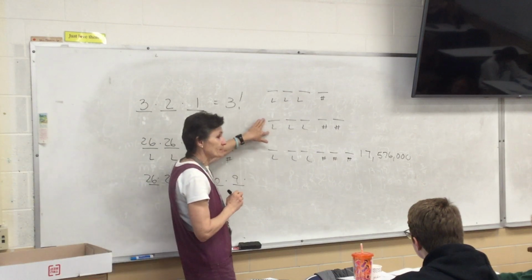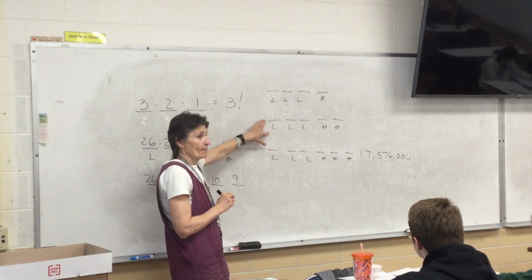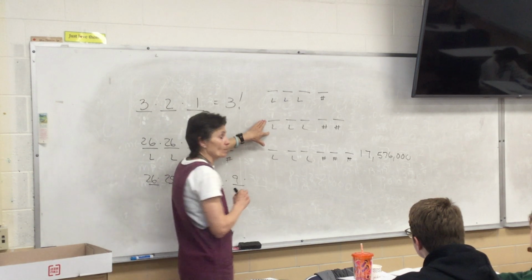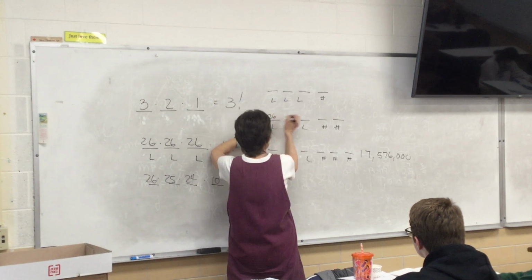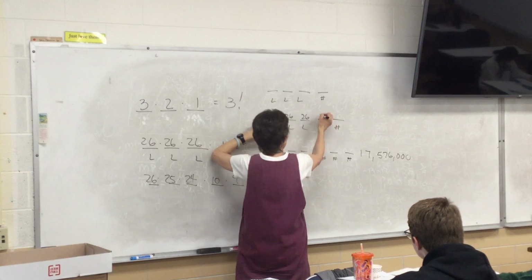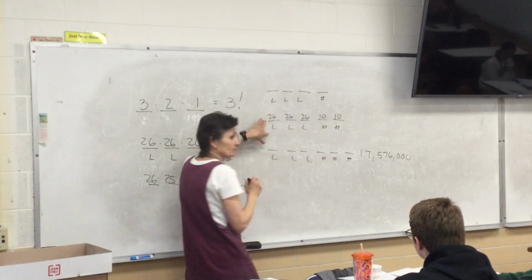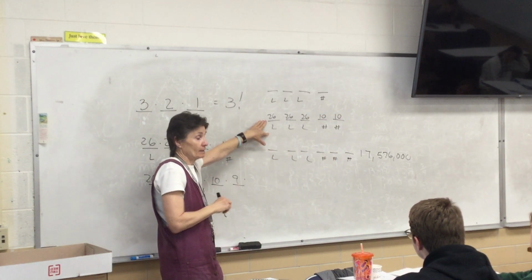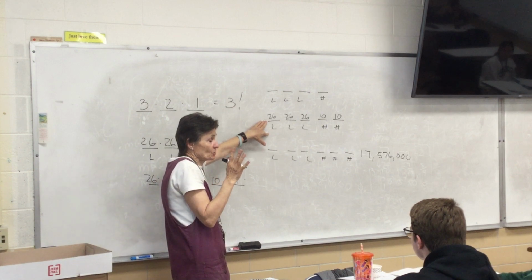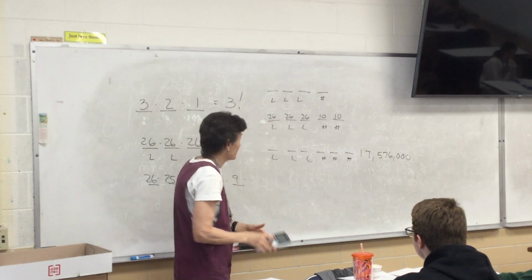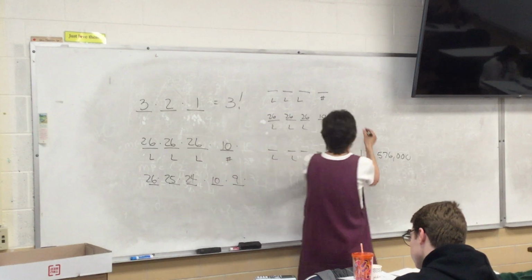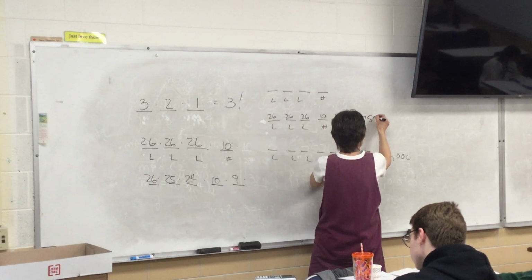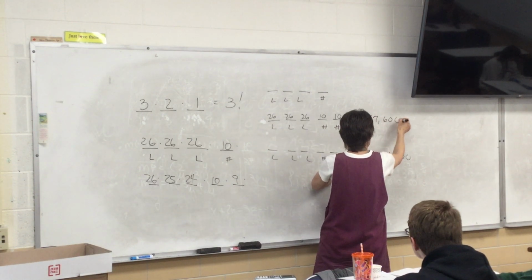Now, what if you're only using 2 digits? Well, if everything's allowed, wouldn't it be 26, 26, 26, and then 10, 10? It says I can have repetition, so I guess that's okay. All right, so that will just be 1,757,600.